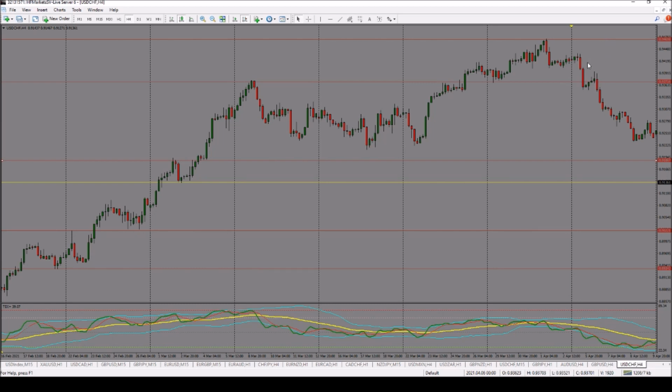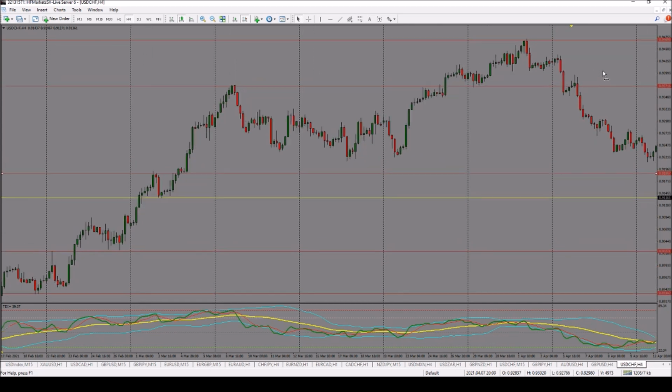However, the market is now showing us downward sentiment. By downward sentiment, we haven't actually confirmed that we are now in a bearish market because the structure has not been broken. By breaking structure, we mean that the last lower high of the previous cycle has not yet been broken.